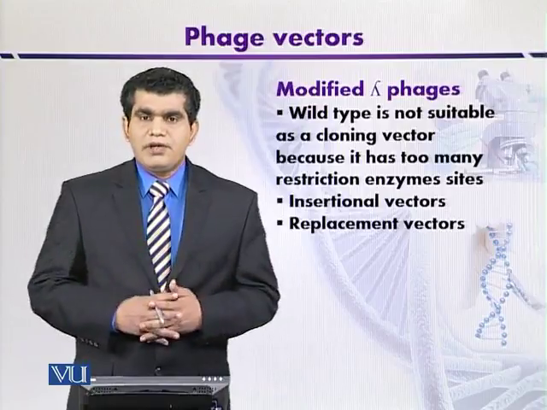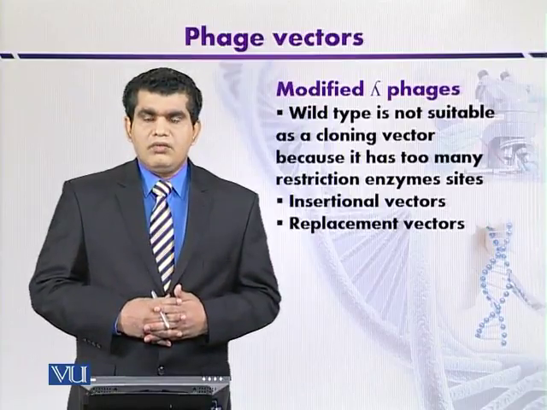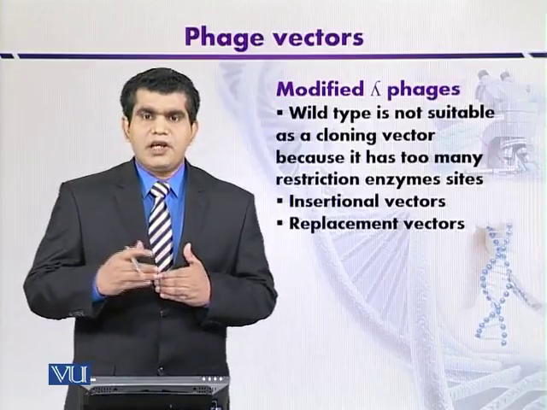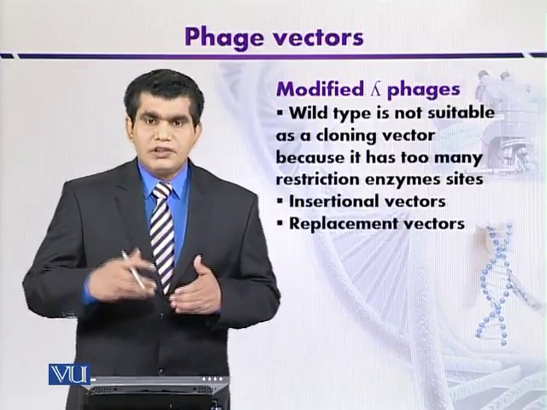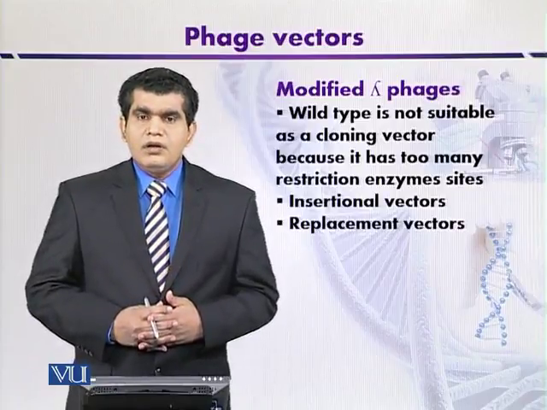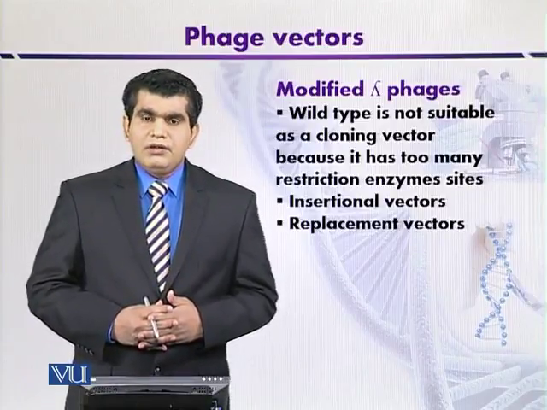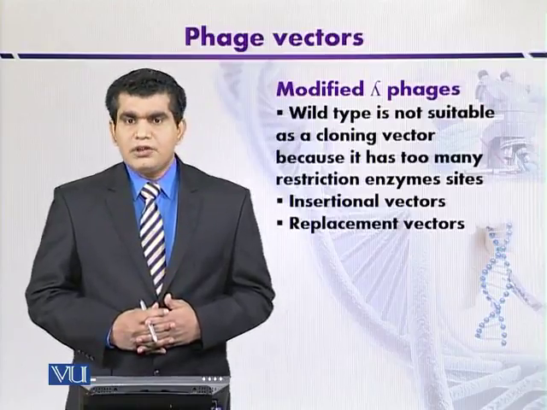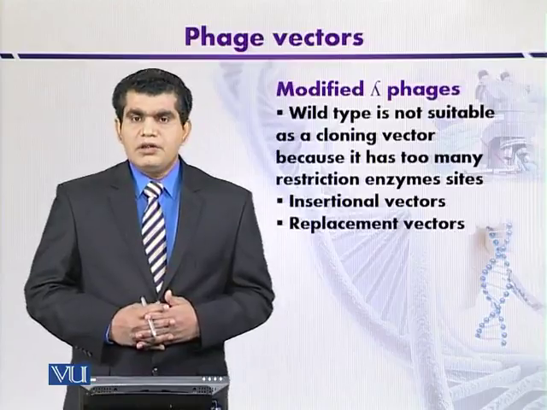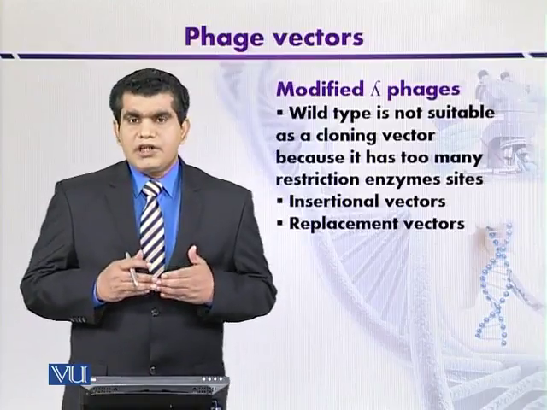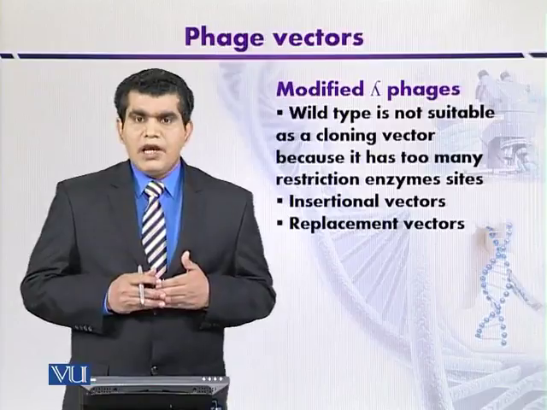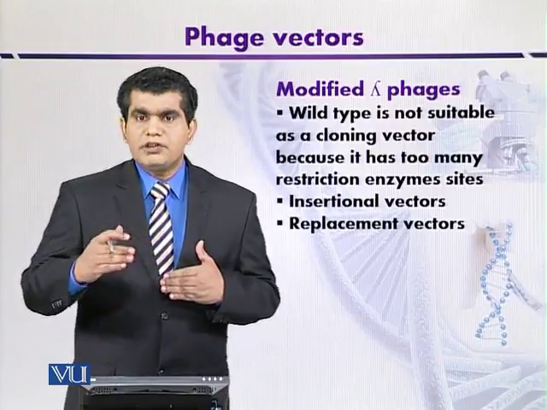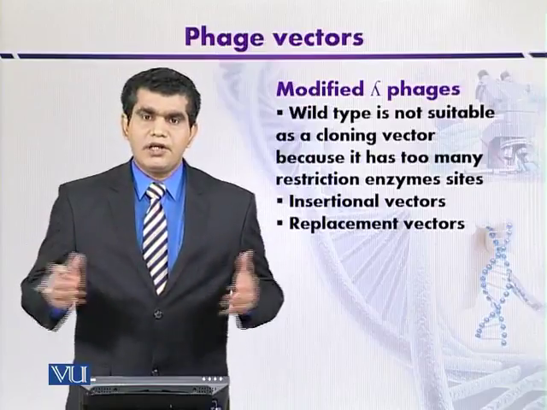These modified lambda phages have one or two restriction sites where the DNA fragments either can be removed or inserted. A few examples of the modified lambda phages are Charon vectors that include Charon 4A, where the restriction sites may be 2 to 3, and the non-essential DNA fragments can be removed and replaced with the foreign DNA.